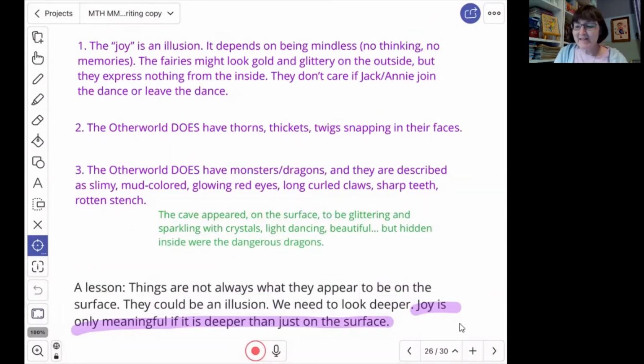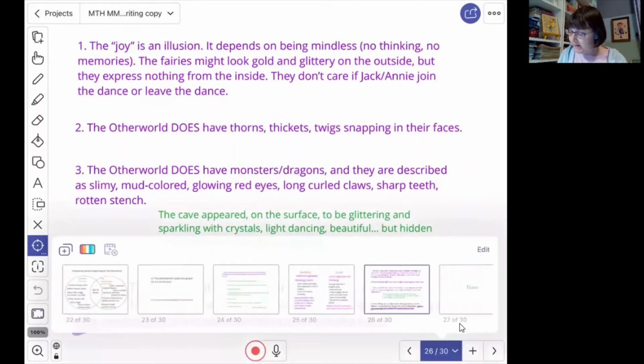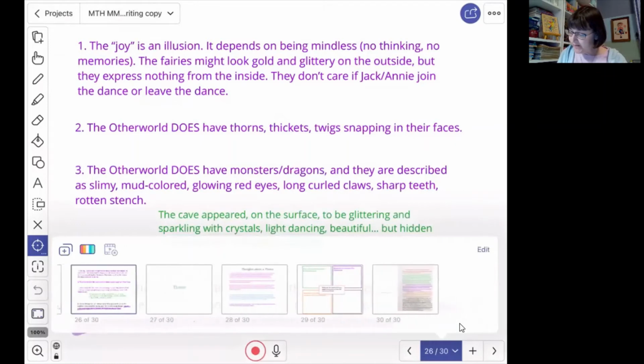So I looked back at this one where I was thinking about the fairies seeming different on the outside than the inside, the going into the woods and the thorns and thickets being different inside the woods than out in the meadows, the crystal cave looking very sparkling on the outside, but having those monsters on the inside. So I took those 3 things and then I connected those to the theme about things not being what they seem.